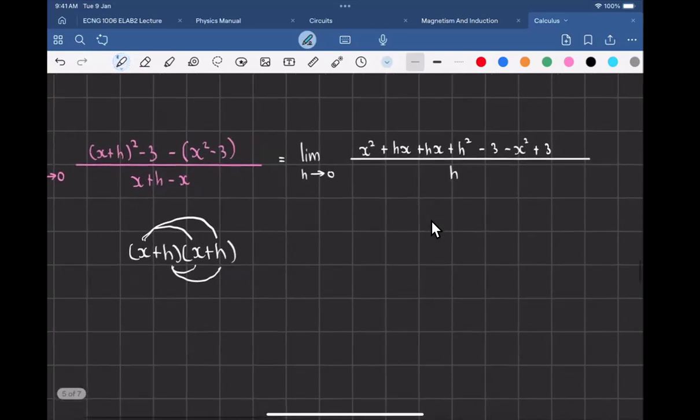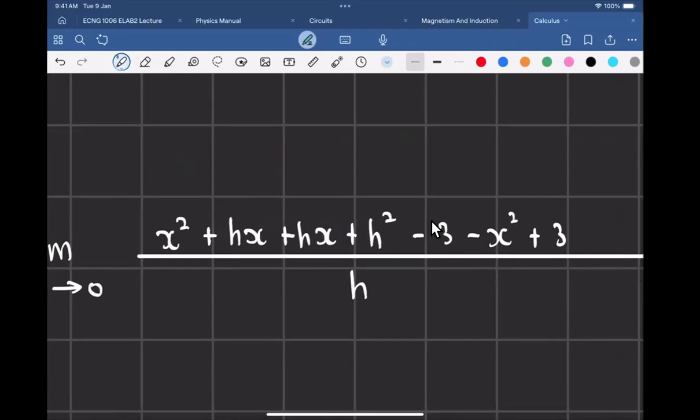Kira, you weren't there for the last class, so I want you to help me with this question. What are we going to do on the next line? We already expanded. Simplify. Do you see any like terms on top? We have x squared and minus x squared, so that's 0 and we can cancel that.